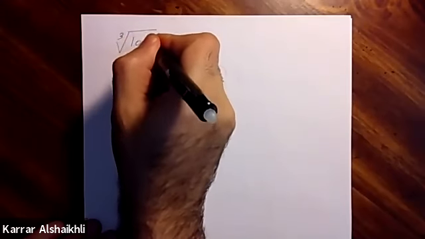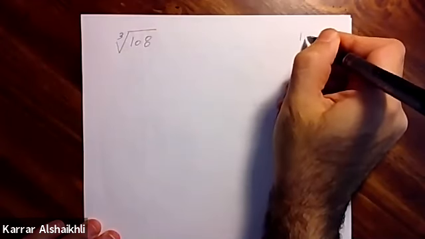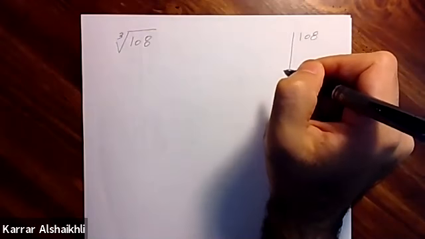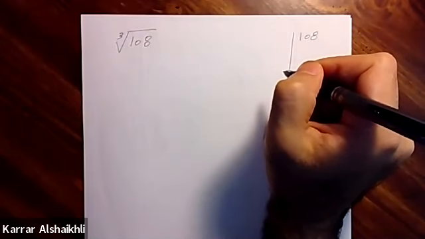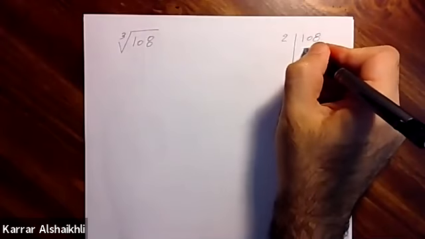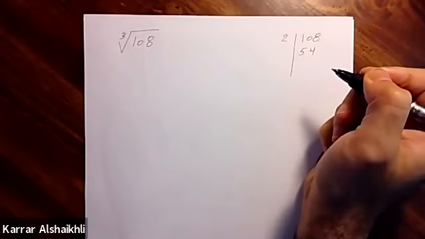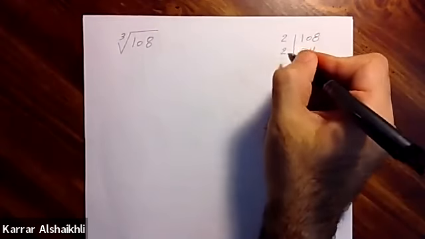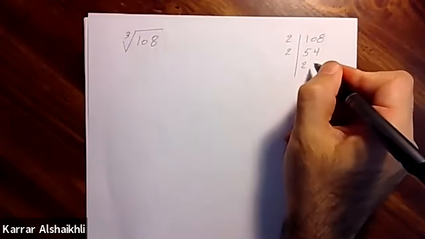Finding the cubic root of 108. So here's 108 on the side. 108 divided by 2, which is the smallest number, is going to be 54. 54 divided by 2 also is going to be 27.